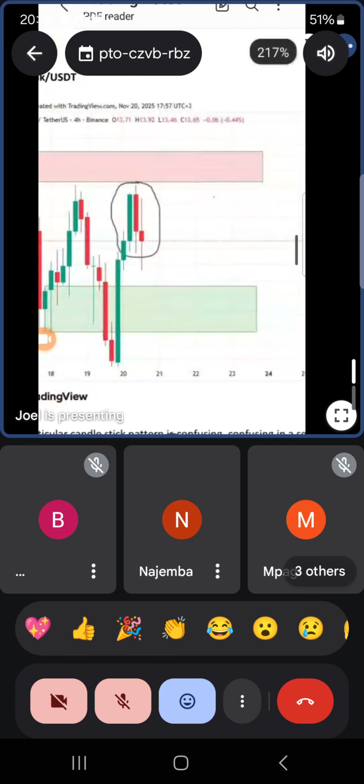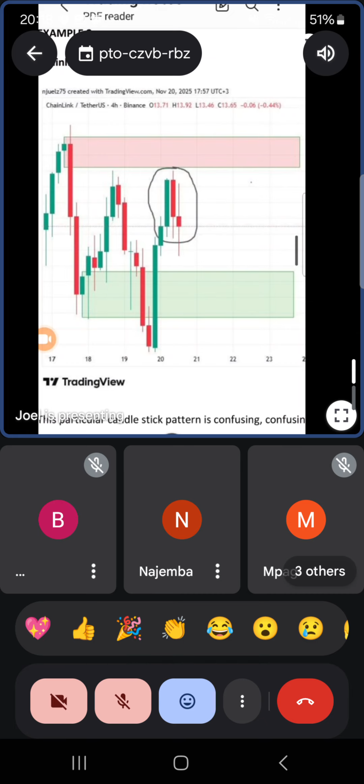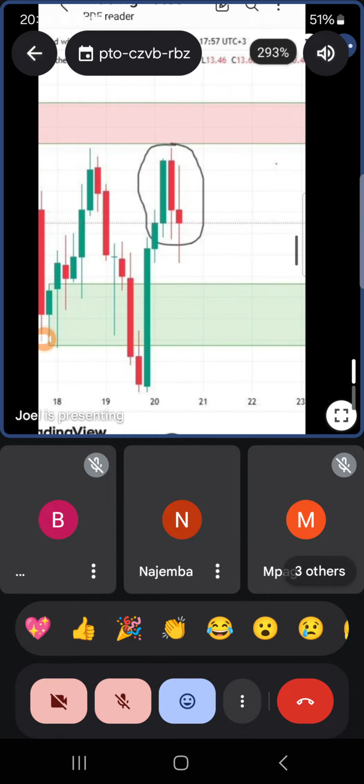So in the 4 hour, remember after drawing your zones, your supply zone, then your demand zone, you wait for price to either come to your demand or supply. So right now here, price was moving from our demand heading towards supply, and then we had a reaction. What I saw here was a tweezer top, like the previous price action.